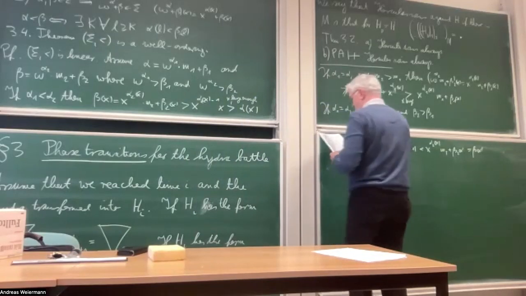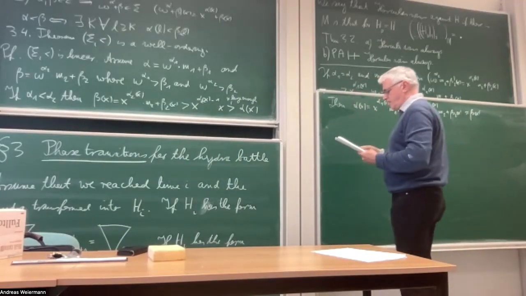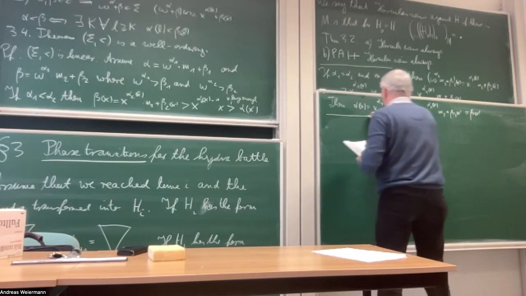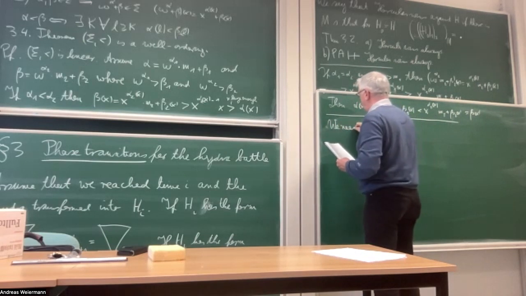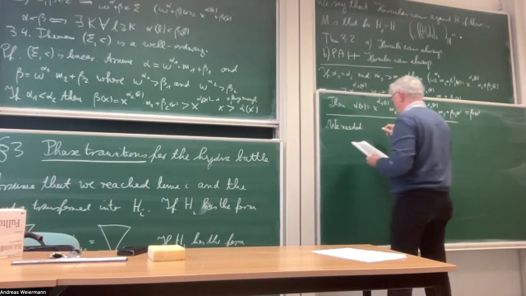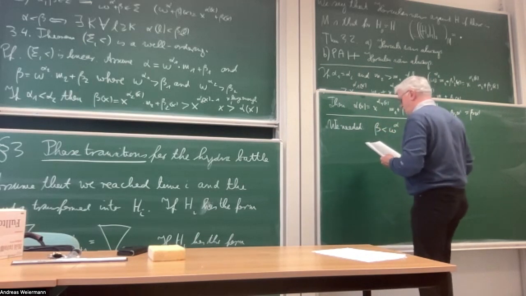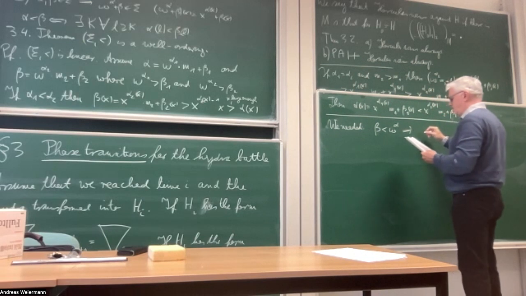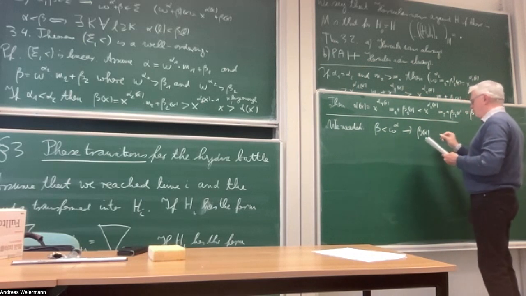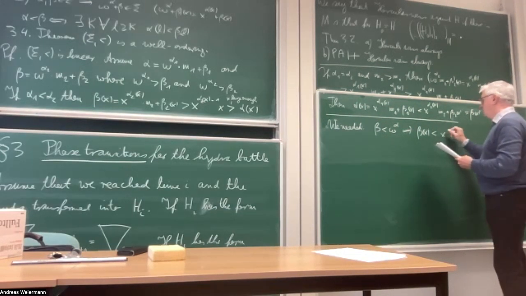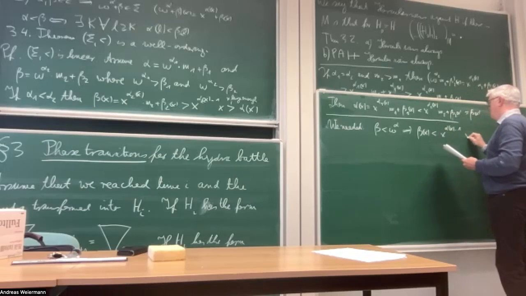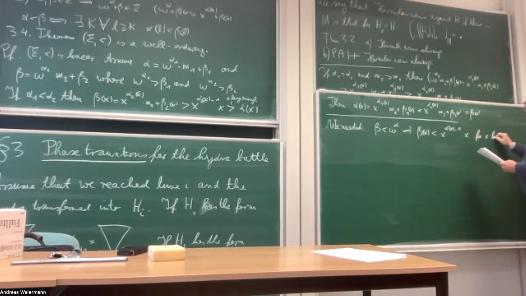Now, implicitly I used a lemma. So we needed some sublemma, namely if the function beta is bounded by omega to the alpha, then beta of x is bounded by x to the alpha of x minus 1 times x for x large enough.